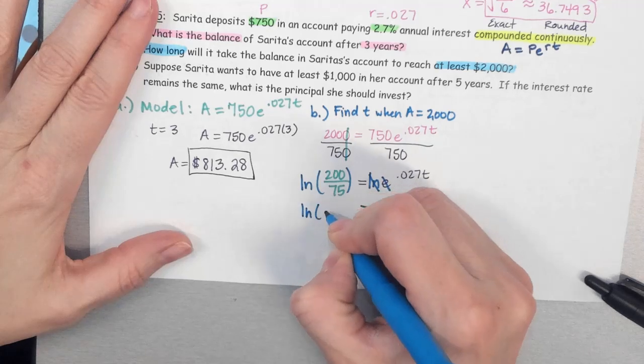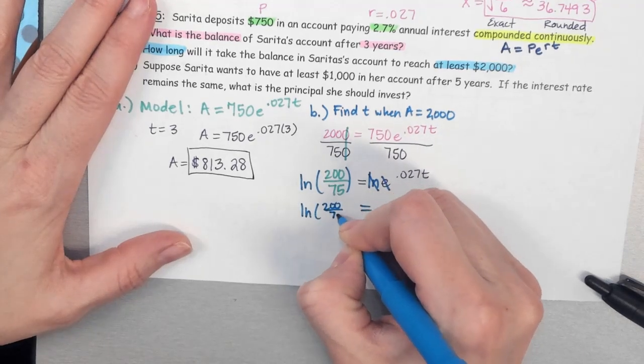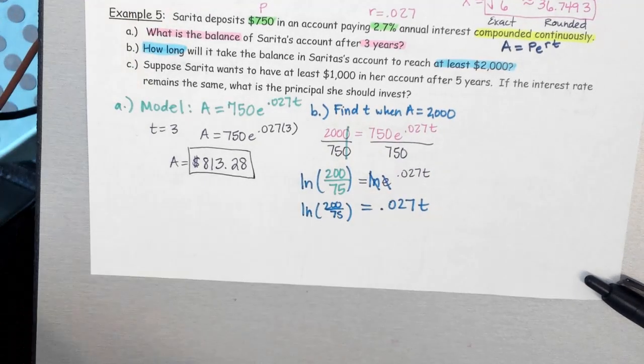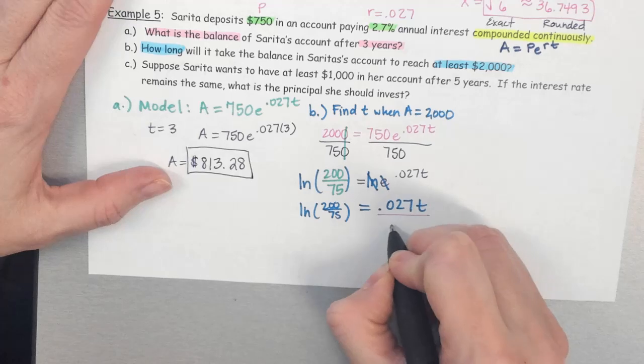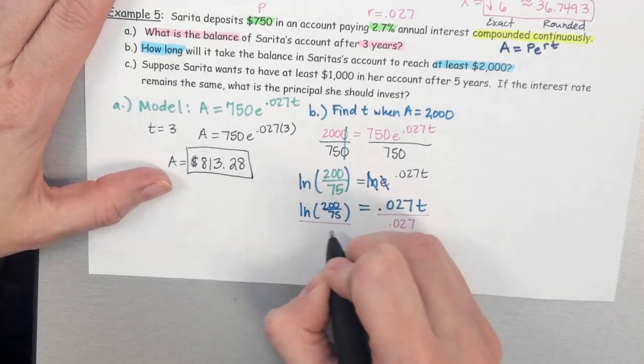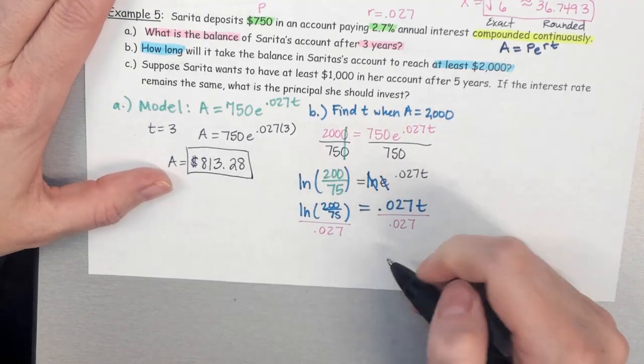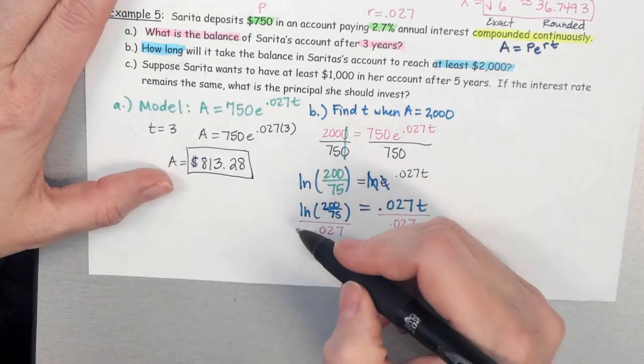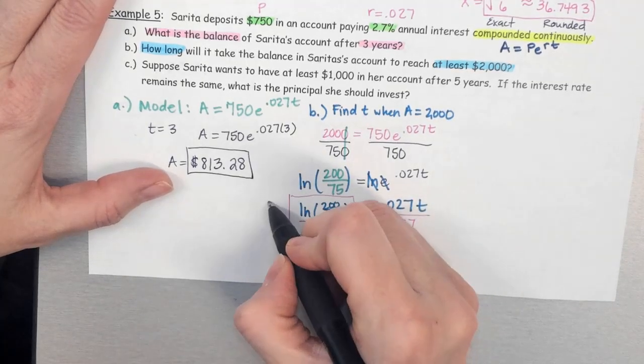And then we're going to leave this as the natural log of 200 divided by 75, or you can leave it as 2,000 divided by 750. And then the last step is going to be to divide by 0.027. Okay, this is the exact value.